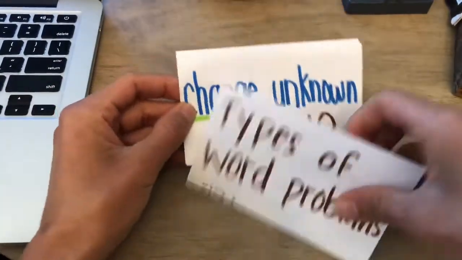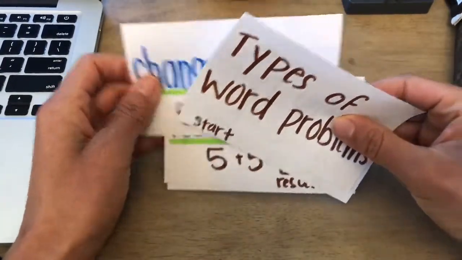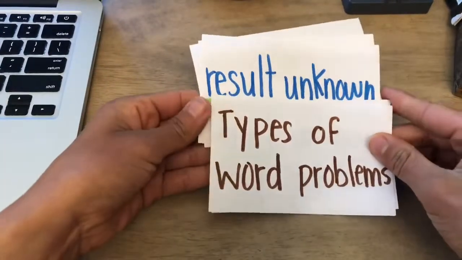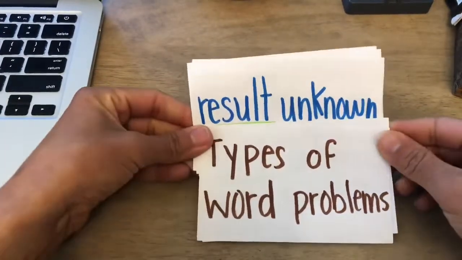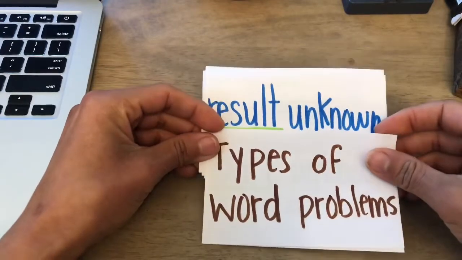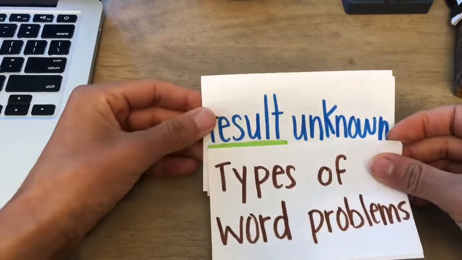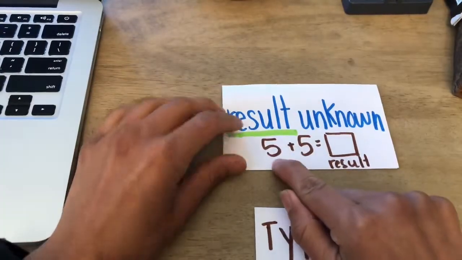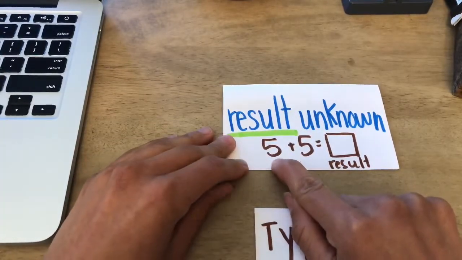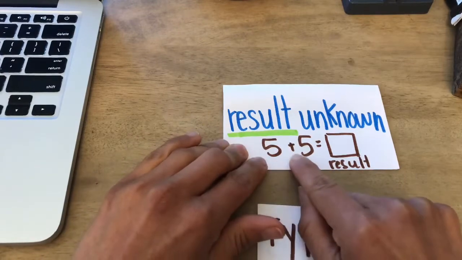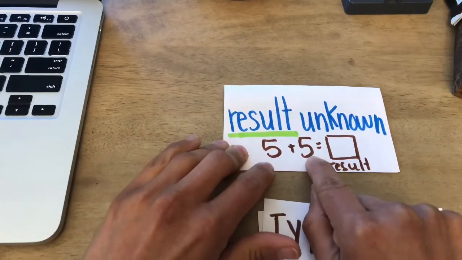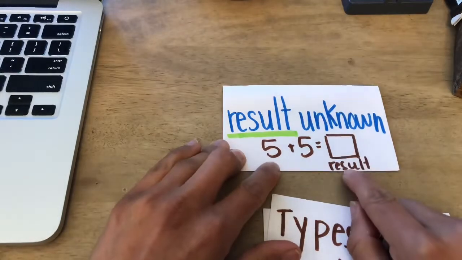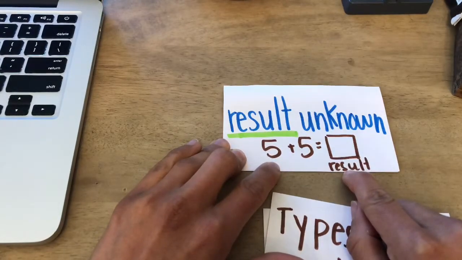The third type of word problem we will review today is the result unknown problem. And with the result unknown problem, it might sound something like this. Jose had 5 mangoes. He bought 5 more mangoes. How many mangoes does Jose have now?